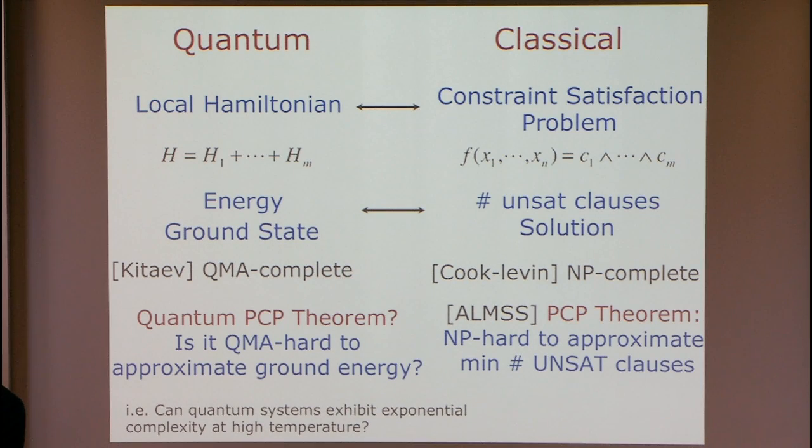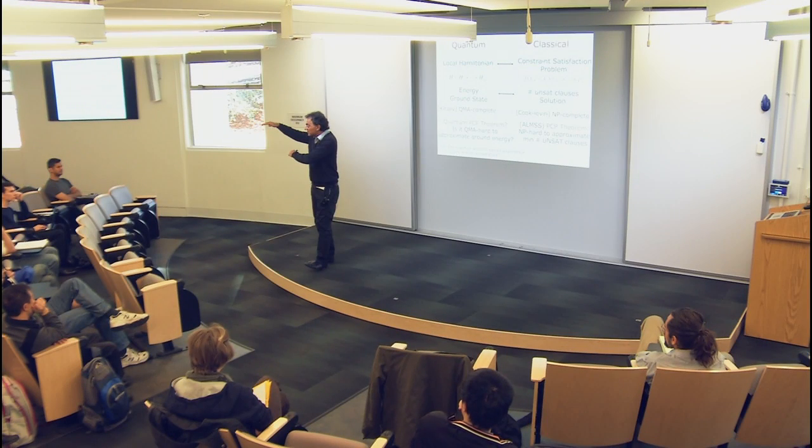But if the ground energy of the original Hamiltonian was a little bit higher, then the new ground energy is going to be extremely high. So you massage the Hamiltonian, you prepare the system, and you sample from the Gibbs distribution, and you check. You have this gap, right? You're either in case 1, where the ground energy is this low, or case 2, where the ground energy is this high. You sample a few times from the Gibbs distribution, and if you ever see a sample whose energy is lower than this one, then you know that you're in this low case. So you've made a distinction between this energy and that one.